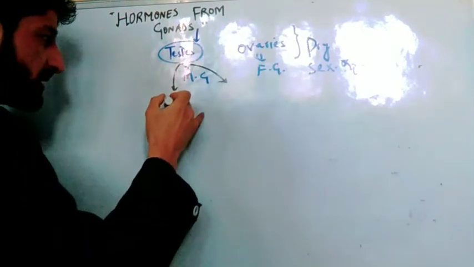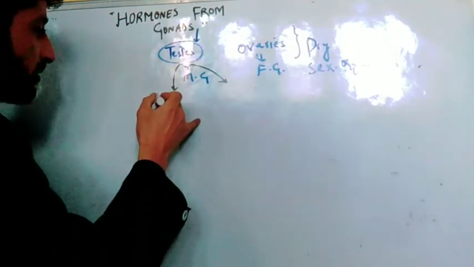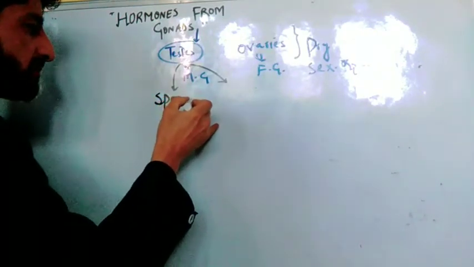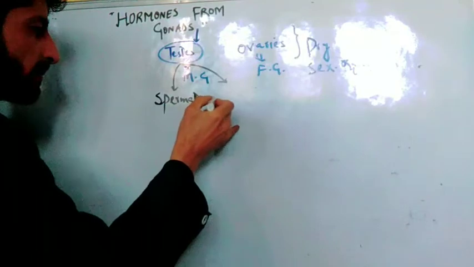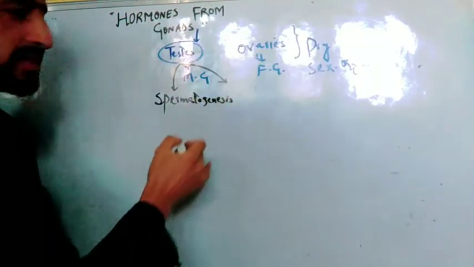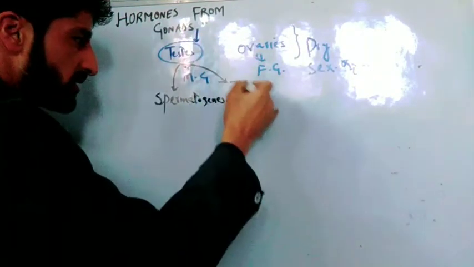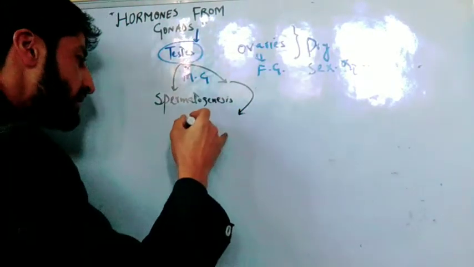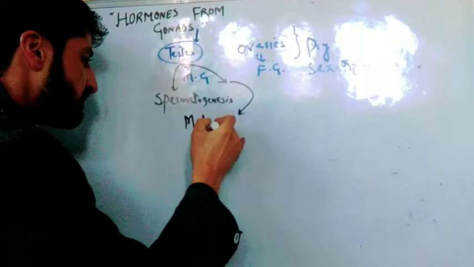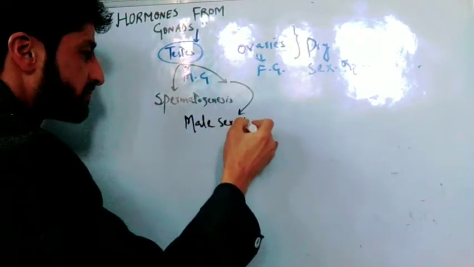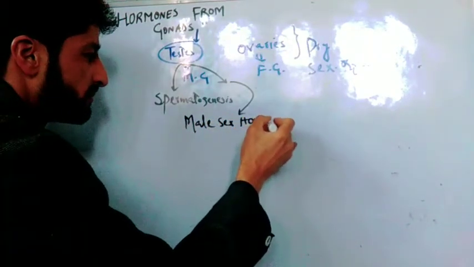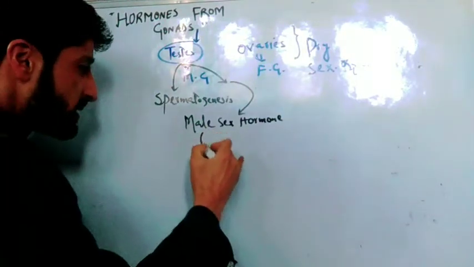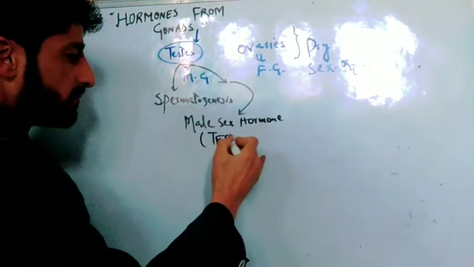The first function is gametogenesis or sperm formation or spermatogenesis, and second function is testicles are responsible for the formation of androgens or male sex hormones. The most fascinating example of your male sex hormone is testosterone.